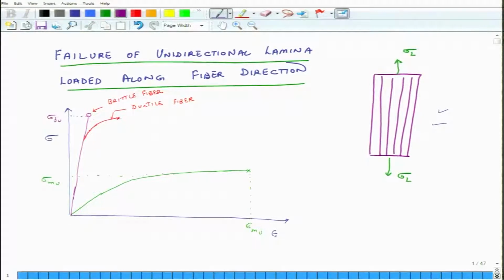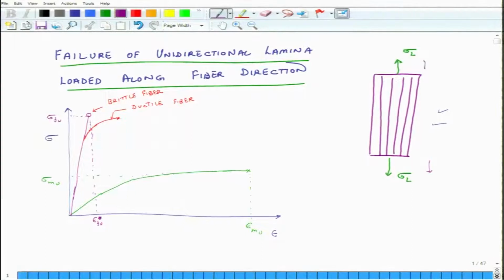So, what is the failure strain of fiber for the brittle fiber? For the brittle fiber, this is epsilon Fu. This is the failure strain. So, we see that for brittle fiber as well as for the ductile fiber, the failure strain of matrix is much more than the failure strain for the fiber.